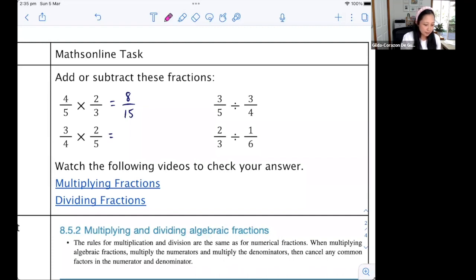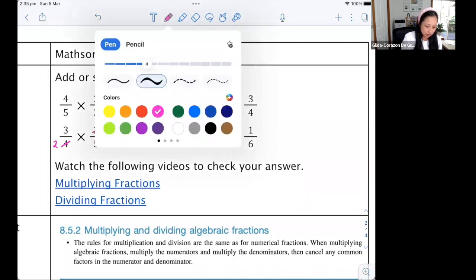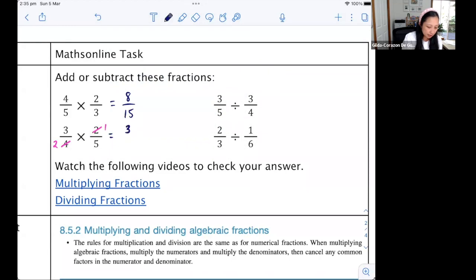So if we have 2 and 4 there, they've got a common factor, which is 2, and 2 would be 1, 4 would become 2, right? And therefore, you could simply multiply the 3 and 1. That gives you 3. On the bottom, it becomes 2 times 5, which is 10. And as we said a while ago, it was 6 over 20, and if you simplify 6 over 20, that would just be equivalent to 3 over 10.